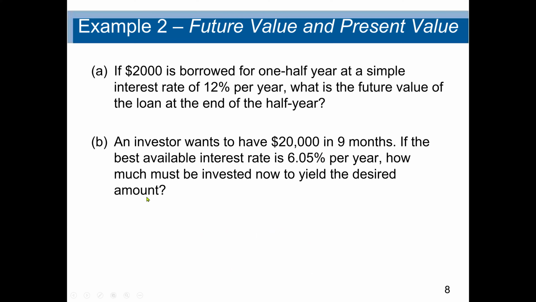So this means we have an investor who wants to have 20,000 in 9 months. So the future value is given to us. The future value in 9 months will be 20,000.